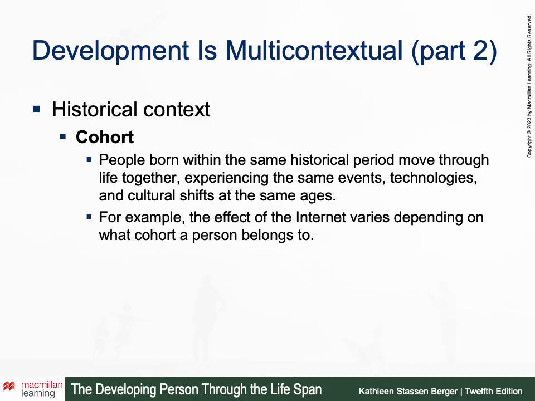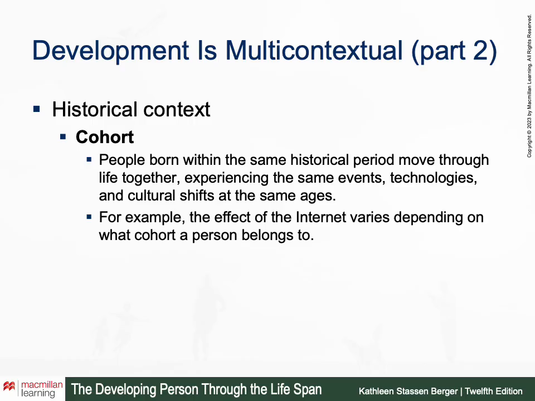So in this kind of context of looking at multi-contextual development is historical context and this term cohort. So a cohort refers to people who are born within the same historical period, and they move through life together, experiencing the same events, technologies, and cultural shifts at the same ages.